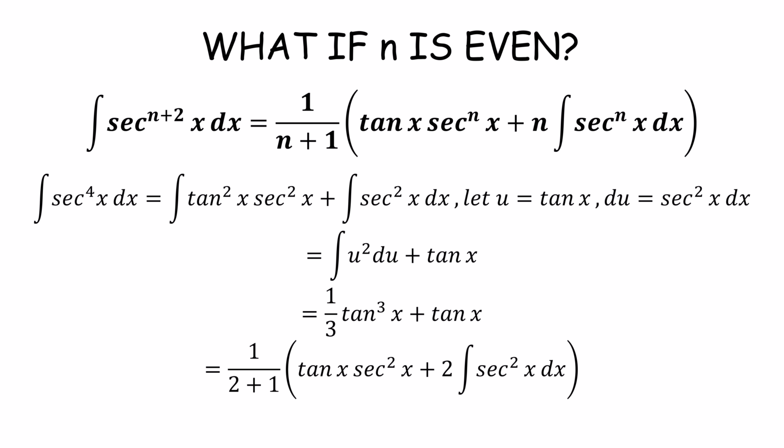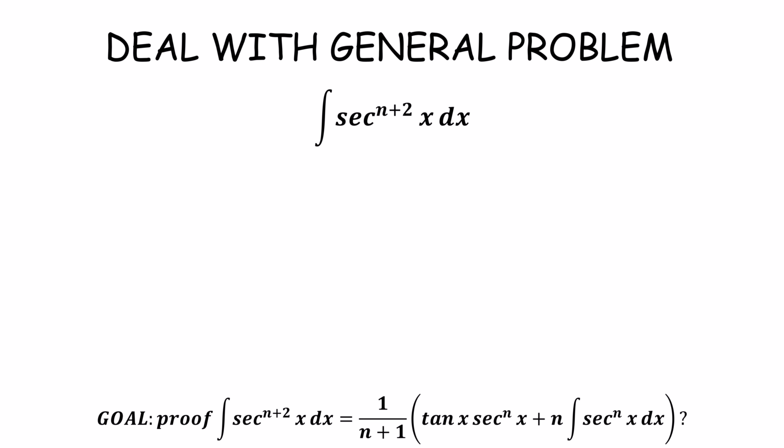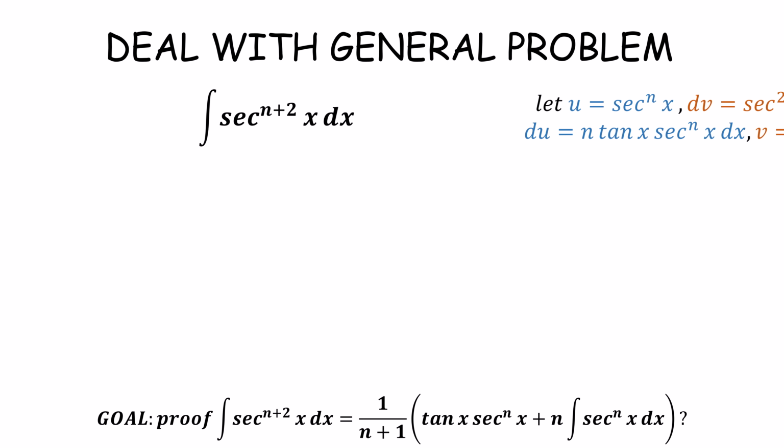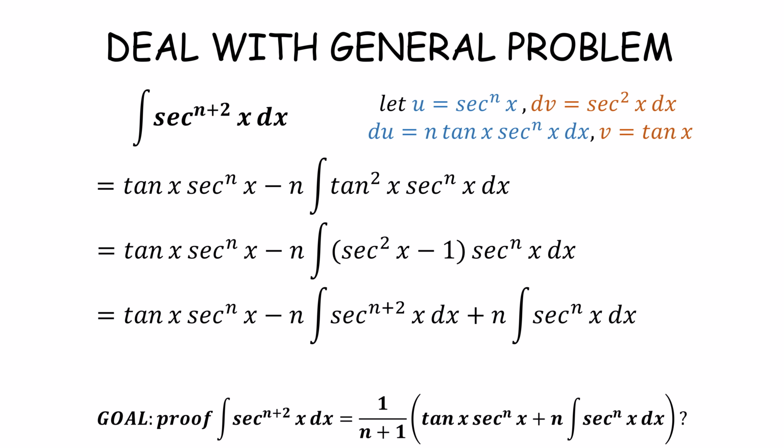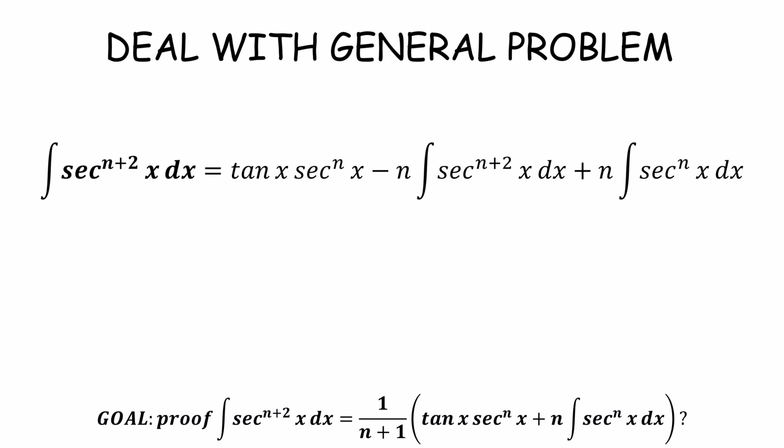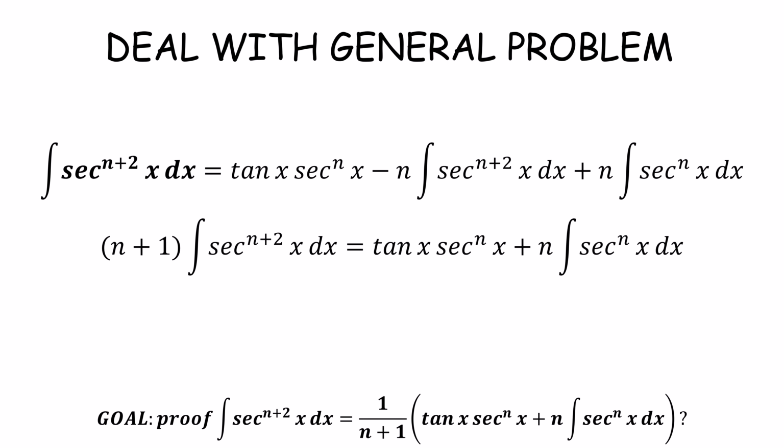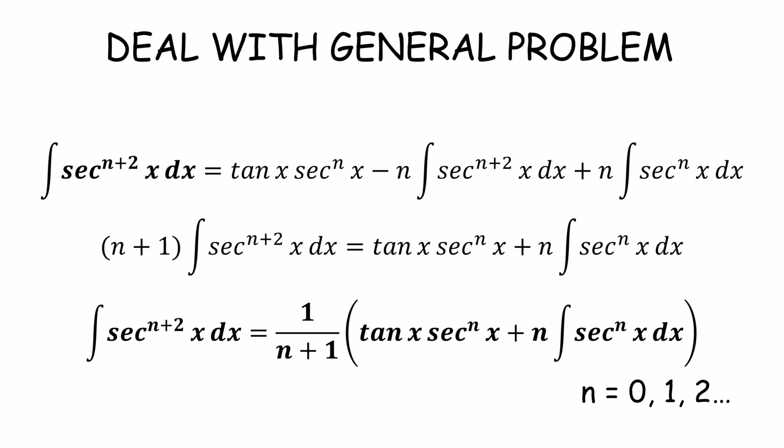So now, let us integrate a general problem by applying the same idea of integration by parts. And as you see on the screen, we can also find the same terms on both sides. So now, we can put them together and get a formula for a natural number n including 0.